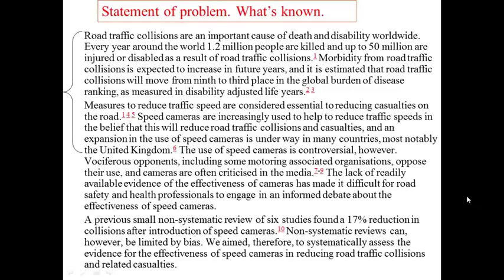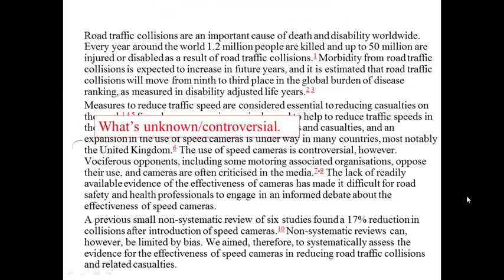And what's happened is that people have then implemented speed cameras to help reduce traffic speed because they believe that that's going to ultimately save lives. And this study was specifically in the United Kingdom. So that's the what's known.